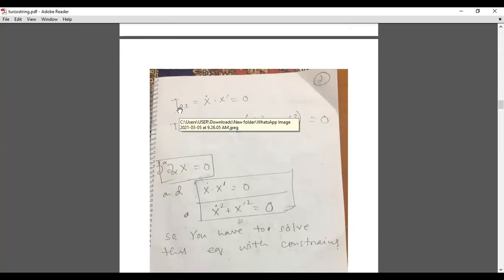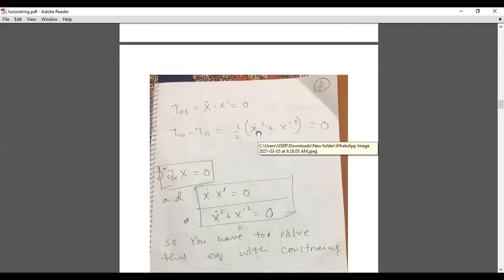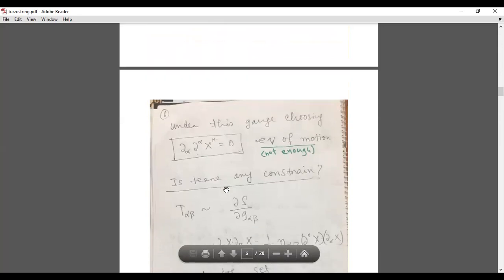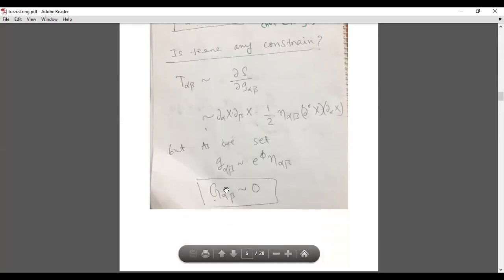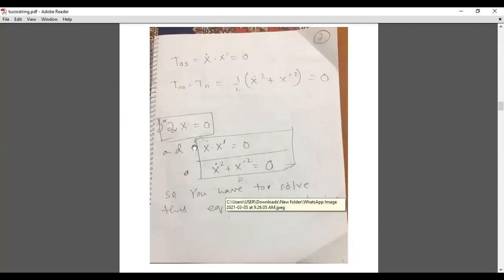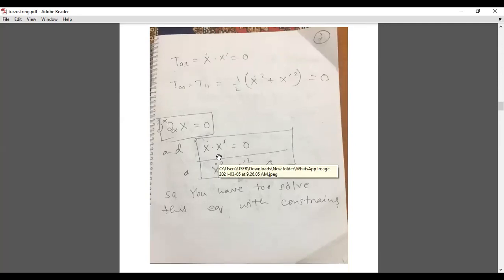That's why T01 will also give you T10, and T00 T11 is also traceless, so it's 0. So you see that only this equation of motion is not enough to describe the string. You also have to take into account this constraint when you solve the string, right?